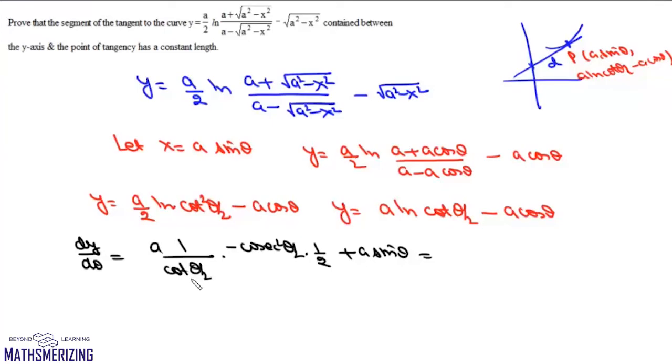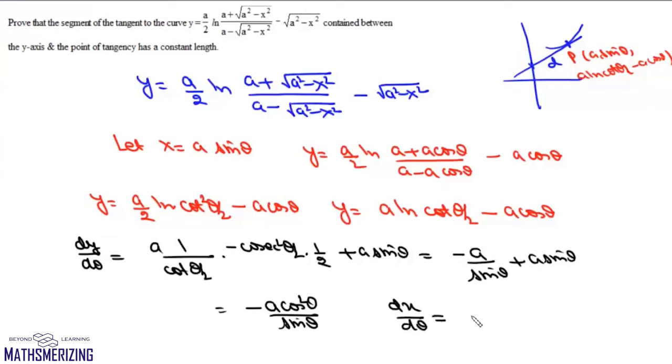Now this is 2 sin theta by 2 cos theta by 2. So we can write this as minus a upon sin theta plus a sin theta. So it will be minus a cos square theta upon sin theta.